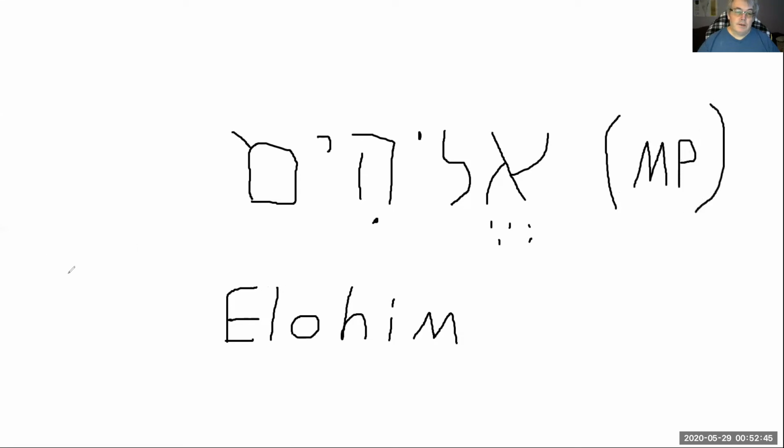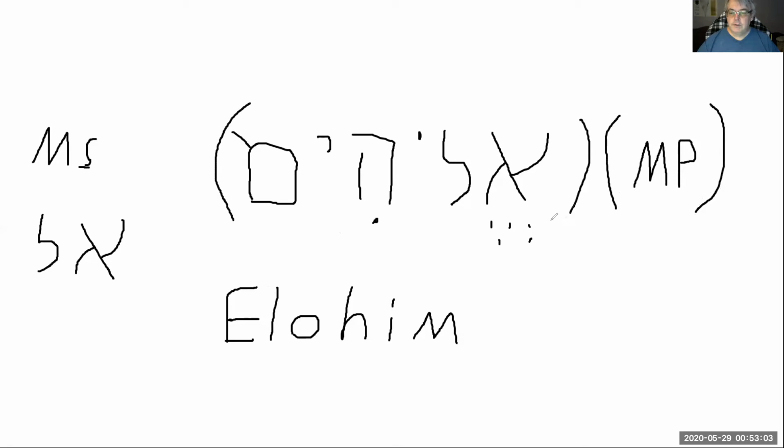So if you wanted to get the masculine singular, I'll put it over here on the side. The masculine singular would be El, but the masculine plural, you see here, is Elohim, and you see that familiar ending by now. You see the hey with the hirik vowel, the yod, and the mem, the eem on the end.